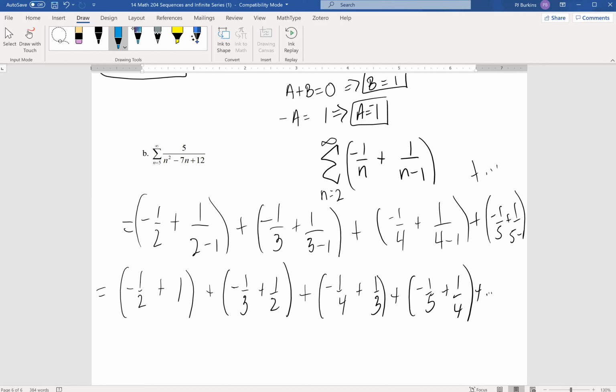Well, I've got minus 1/2 plus 1/2, minus 1/3 plus 1/3, minus 1/4 plus 1/4. You should be able to deduce that the next term is going to have a 1/5 in there. So that minus 1/5 would cancel with the next term. The only thing that remains is 1.